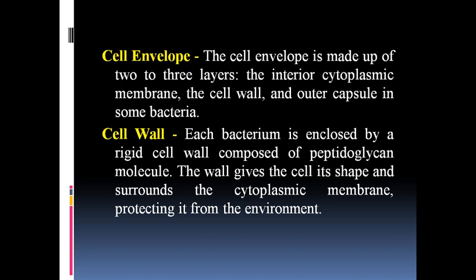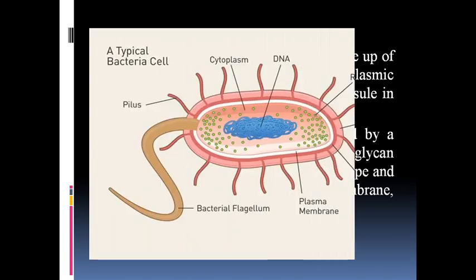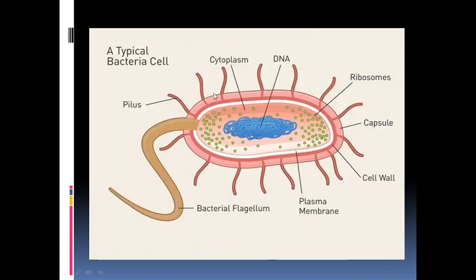The cell wall: each bacterium is enclosed by a rigid cell wall composed of peptidoglycan molecules. The wall gives the cell its shape and surrounds the cytoplasmic membrane, protecting it from the environment. See, because of the presence of the cell wall only, it gives the shape to the bacteria.